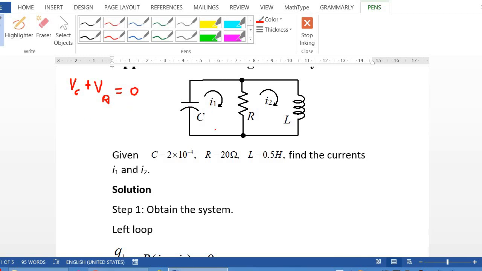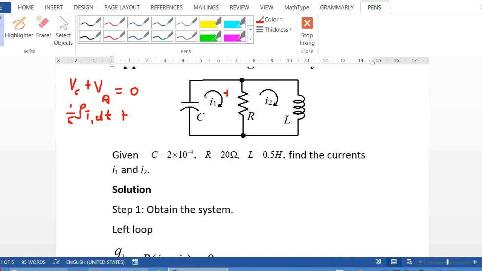We would like to find I1 and I2, and then VC can be written as 1 over C integral I1 dt. For VR, because this is a network circuit, we have I1 and I2, where I1 and I2 are actually in opposite directions.